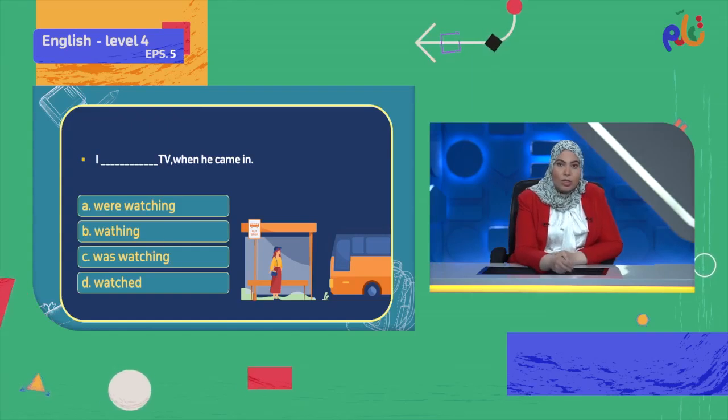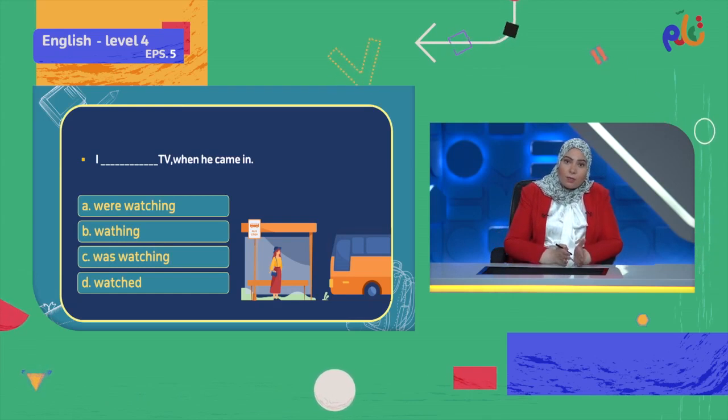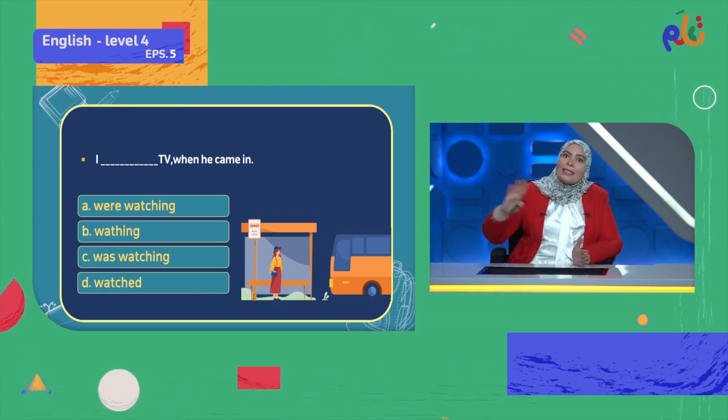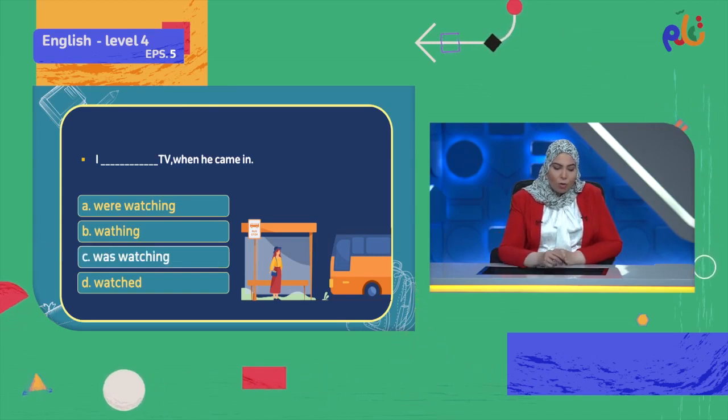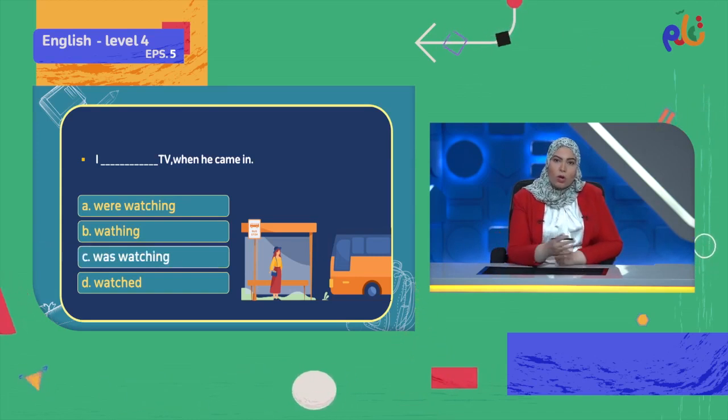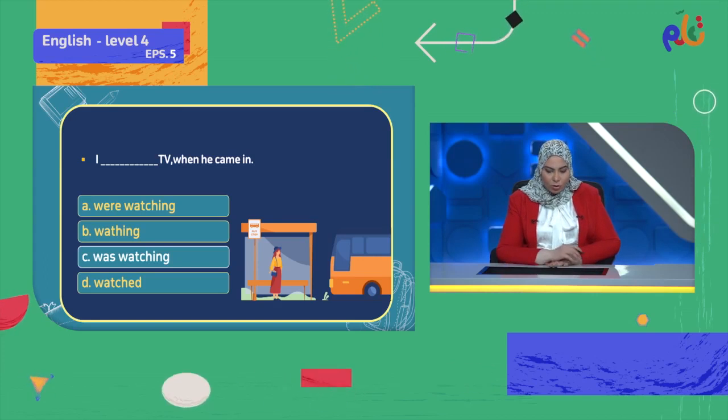So the difference in the tense used gave me a difference in the meaning. If I use past simple and past simple, this means that he came first and then I started watching. If I use past continuous, this means that I watched first and then he came second and stopped the watching. Okay, so this is the tense that we are talking about, was watching.